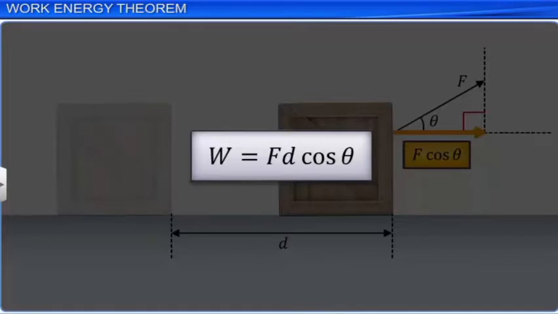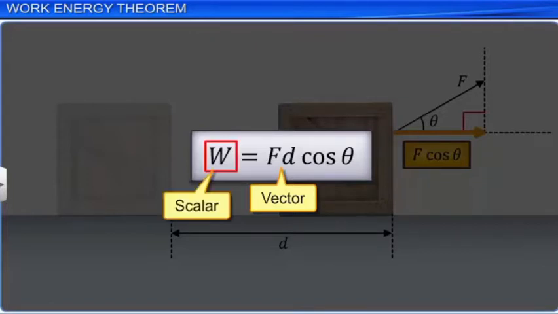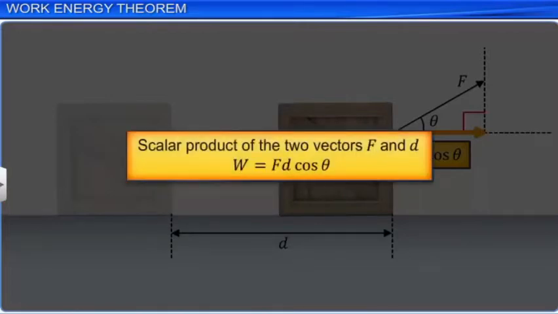In this expression for the work done, both F and d are vectors, whereas the product, work done, is a scalar. Thus, this quantity F d cos theta is called the scalar product of the two vectors F and d.